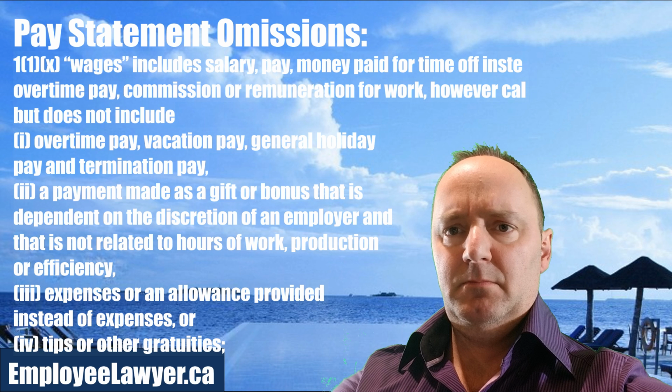You have to provide instead, based on 14 sub 1 and 14 sub 2, wages. So what the code is actually saying is you have to have a number for wages. And that number has to be a composite that adds in all those various components for the period. It excludes overtime pay, vacation pay, general holiday pay, and termination pay.